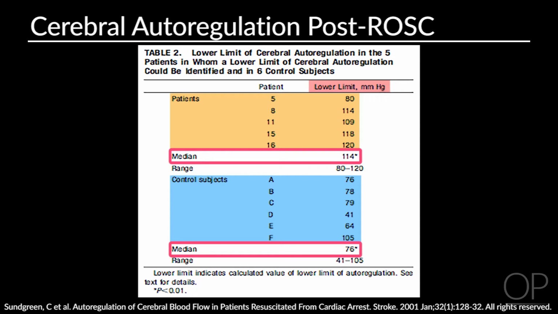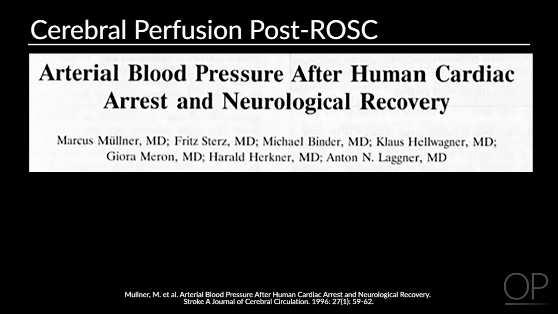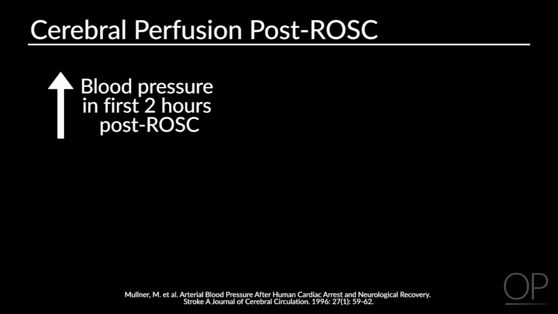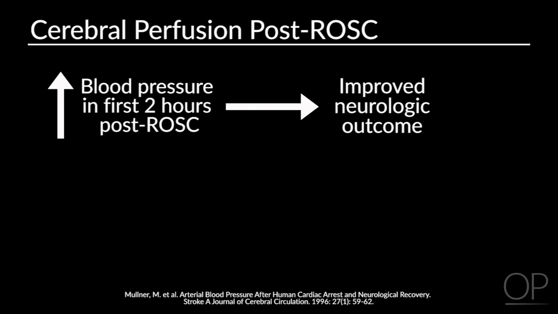Do we need to push for hypertension after ROSC in order to maintain acceptable cerebral perfusion? Well, what we have seen from other adult studies, and once again, these are retrospective adult studies of in-hospital and out-of-hospital cardiac arrest, still relatively limited numbers, is that when they've looked at not just the immediate blood pressure, but actually blood pressure in the hours after spontaneous circulation is reestablished, there does indeed appear to be a positive association with neurologic outcome.